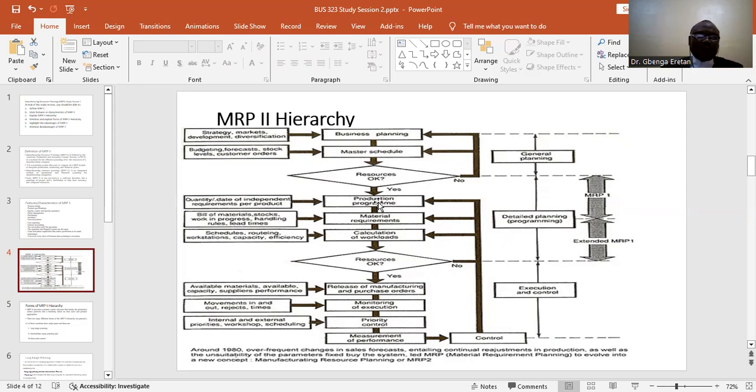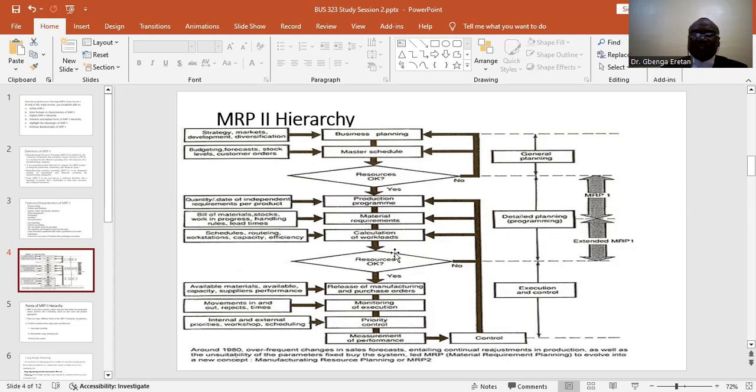In this production program, you consider the quantity of product, the quality of product, the date of independent requirement per product. So all of these will form part of the production program. Then thereafter, you look at the bill of materials, the stock in progress, and handling costs. All of this will form material requirements.